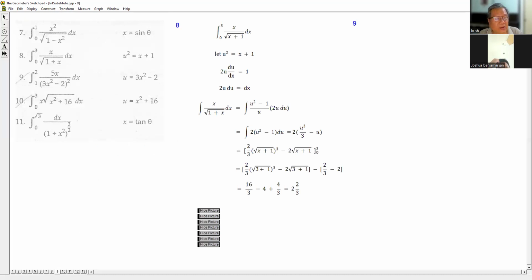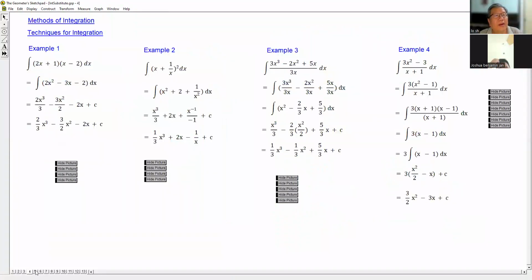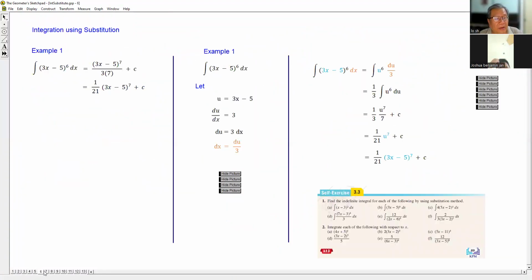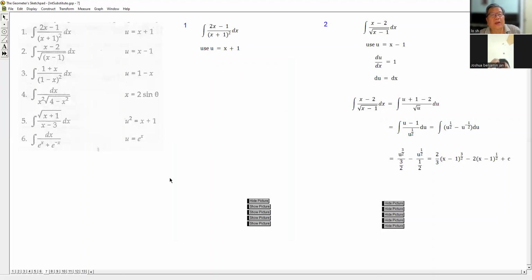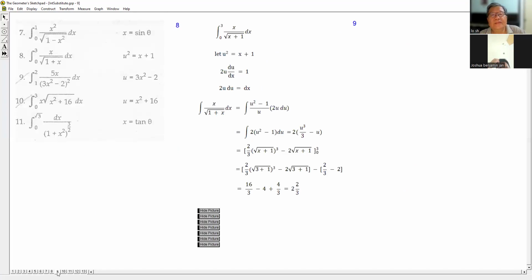Then we look at this one. Okay, so we look at number 5. Number 5 also difficult. This is number 3. Number 9. We look at number 8 lah.